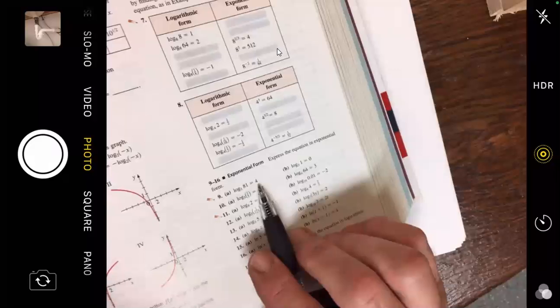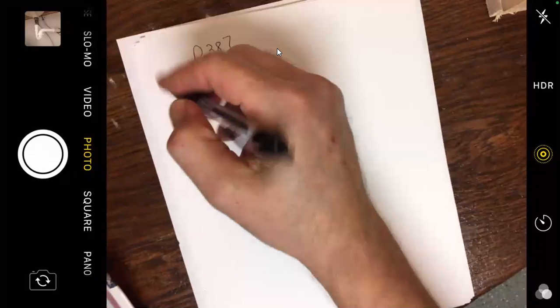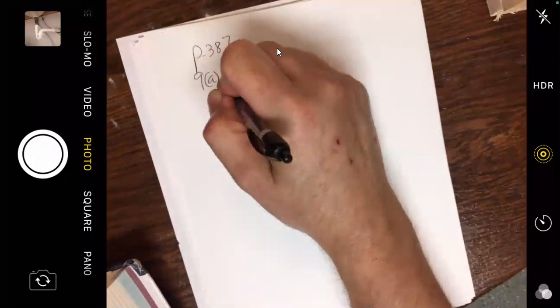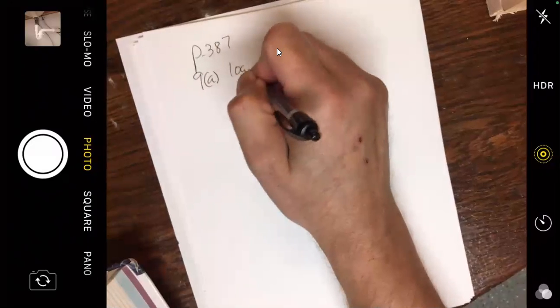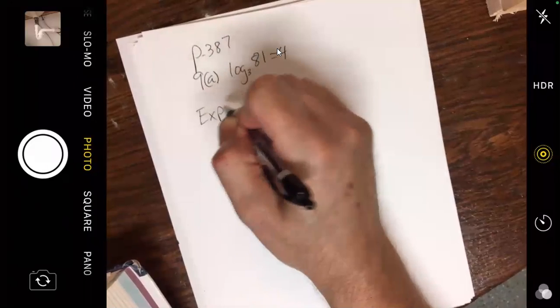We'll try one, 9a, log base 3 of 81 equals 4. Number 9a, log base 3 of 81 equals 4. I could write out the steps.